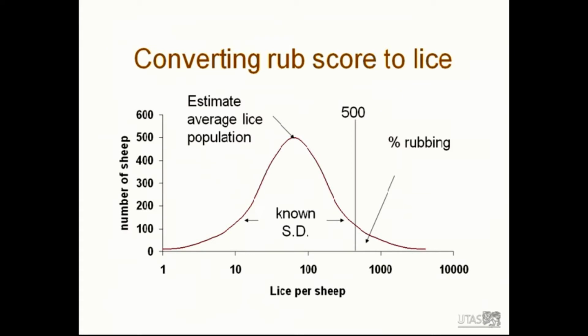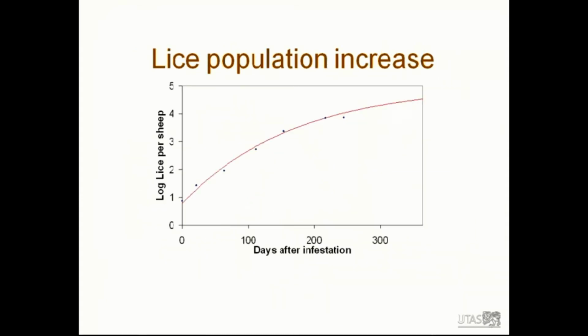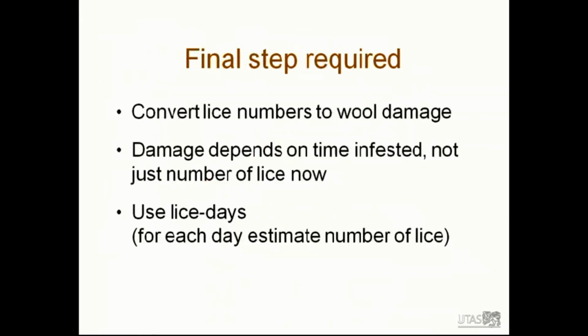So that meant it was fairly easy to transfer from the proportion of the flock affected to the number of lice in the flock. We can then get the population increase of lice. Again, this is a log scale here, and initially it tends to be linear on a log scale, but then flattens off as the lice population increases, but that's fairly easy to calculate.